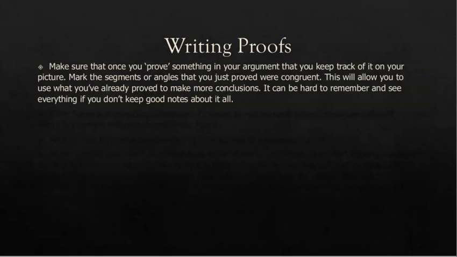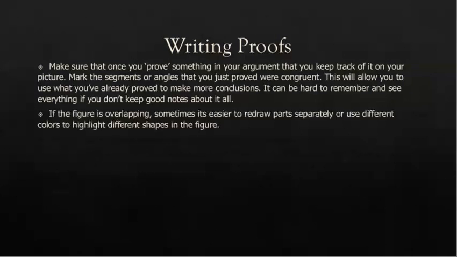It can be hard to remember all of these if you draw them all first and then write them. Did you cover all the ones that were written? Did you draw all the things that you wrote? And sometimes it's hard to keep track if you don't keep good notes. If the figure is overlapping, sometimes it's easier to redraw the parts separately, or maybe use different colors to highlight the different shapes in the figure so that you can tell them apart.